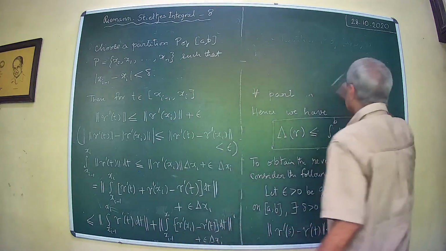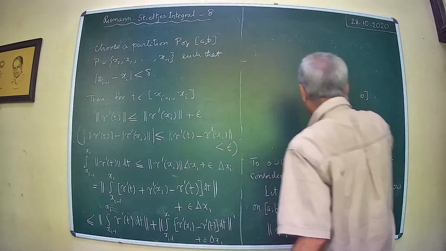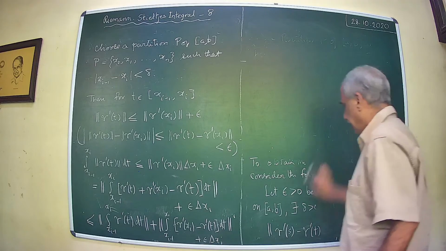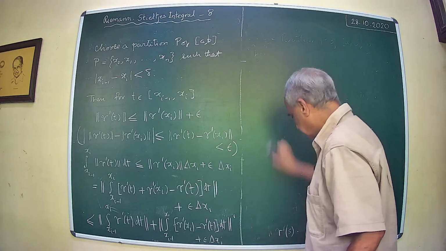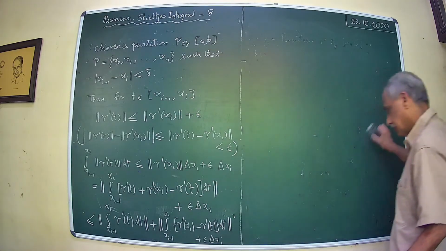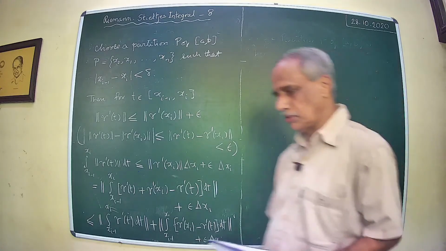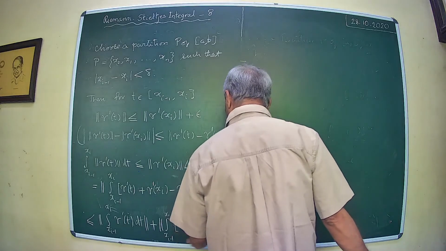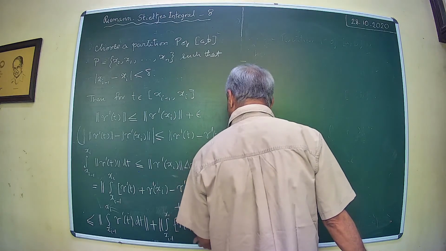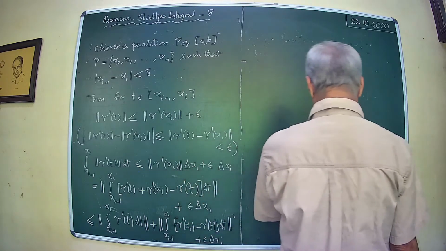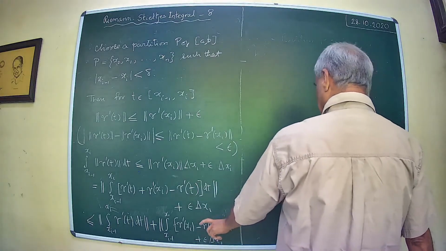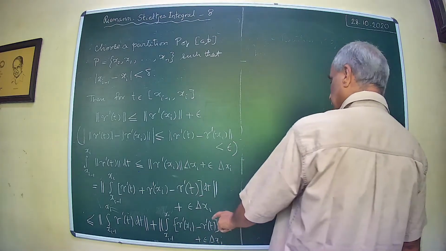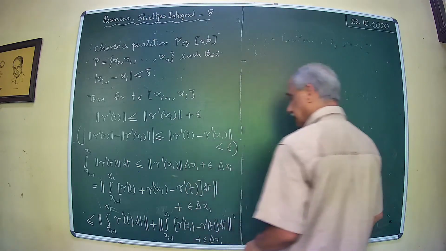see, I have chosen the partition in such a way that the distance between xi minus 1 and xi for all i is less than delta. Therefore, I get, gamma prime being continuous, and we have obtained delta using the epsilon, the distance between these two points is less than epsilon.